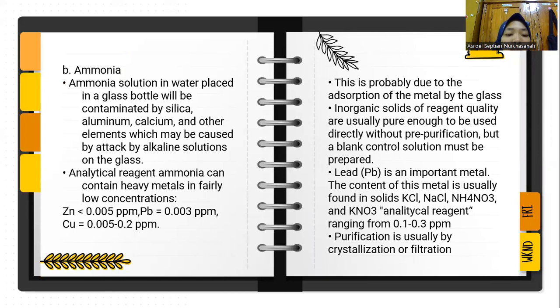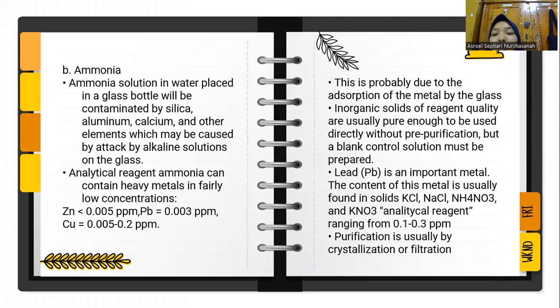Analytical reagent ammonia can contain heavy metals in very low concentration: Zn 0.005 ppm, Pb 0.003 ppm, Cu 0.005 to 0.2 ppm. This is probably due to the absorption of the metal by the glass.